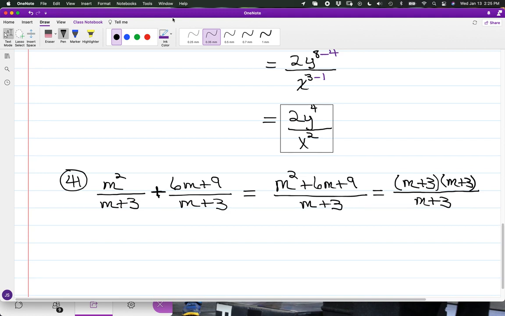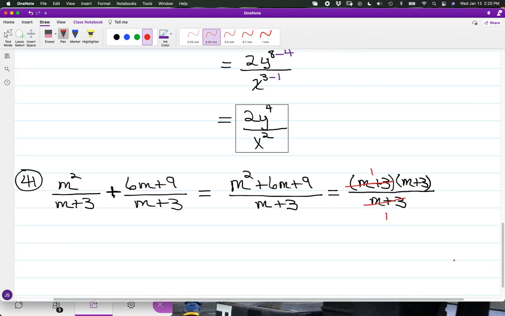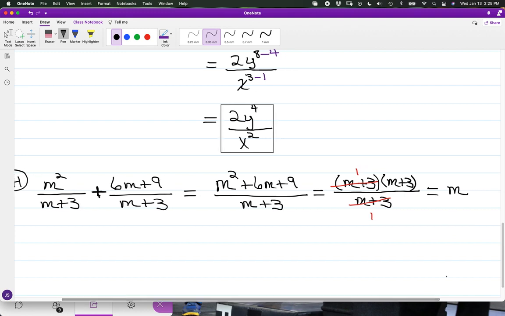So you have a trio of m plus 3 binomials. We're going to get a set of m plus 3's to cancel out. That means we have 1 m plus 3 remaining, which comes from the numerator. So the reduced form resulting from adding these ratios together is going to become m plus 3.